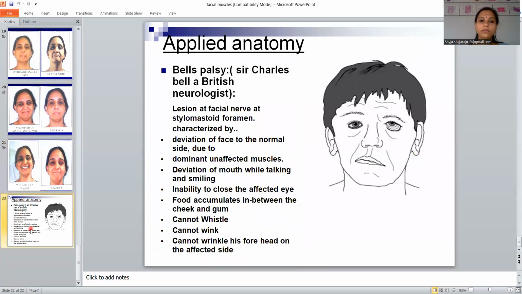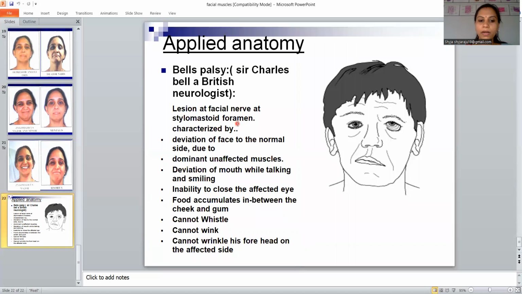While dealing with applied anatomy, we will have a detailed study of the clinical anatomy along with the facial nerve. For the time being, just understand Bell's palsy. What are the features of Bell's palsy? Lesion of the facial nerve at the stylomastoid foramen.